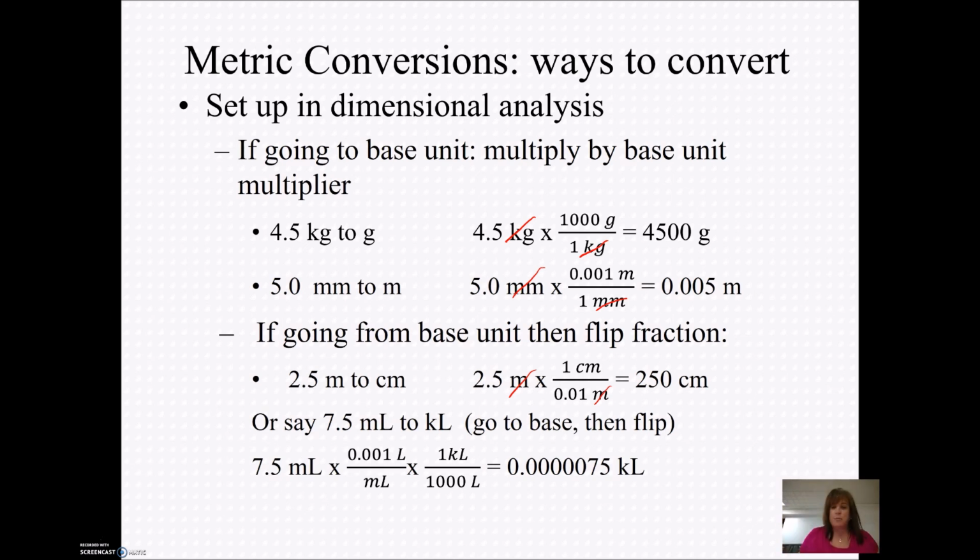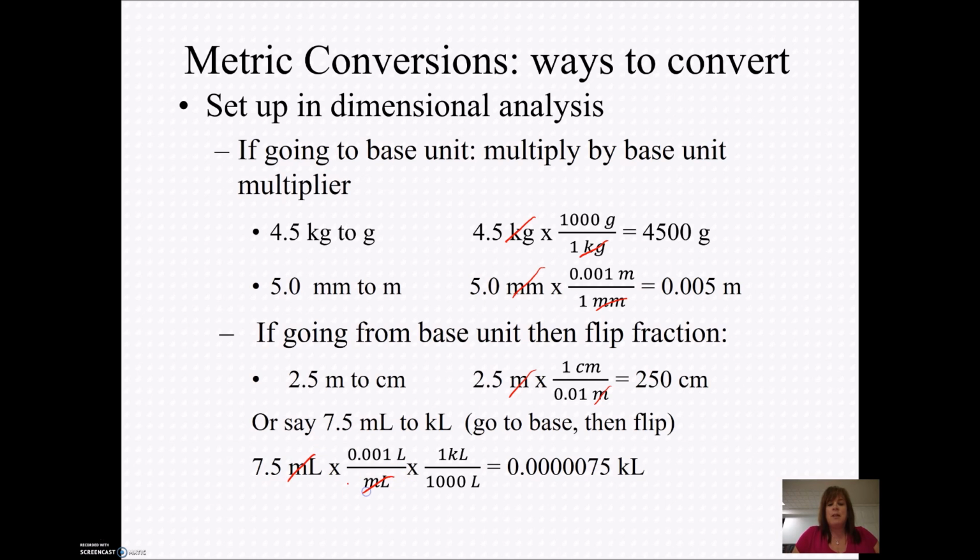Now, if we have to go from like the milliliters to the kiloliters, like we did with moving the number 6 places, then we have to set up 2 little fractions. We got to go to the base. So we got to multiply by the 0.001 liter per milliliter. And then we need to multiply by the base to that prefix, the kiloliter. So remember, it's 1,000 liters or 1,000 base units per kilo. So I flip that fraction. And so I take 7.5 and I multiply by 0.001.